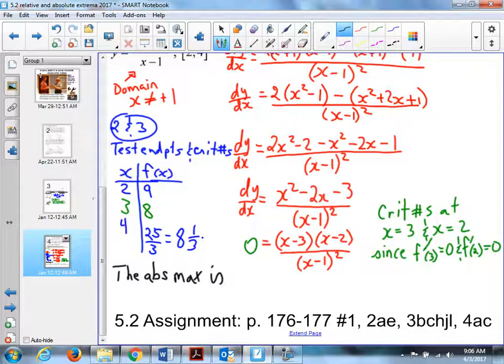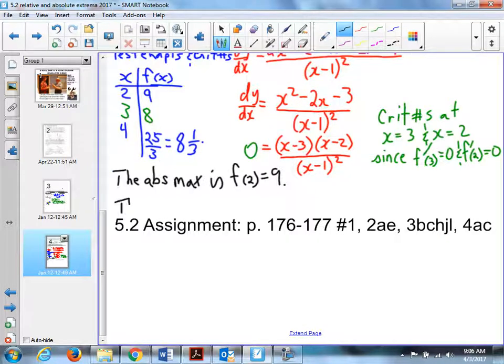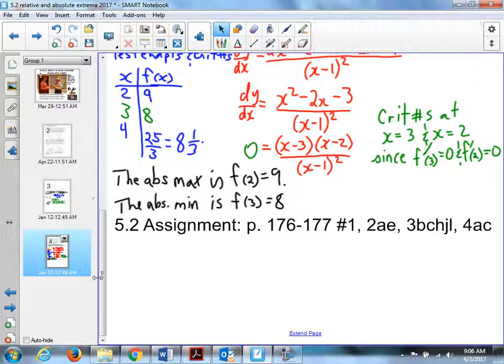So if I ask what point does it occur at, you'd say 2, comma 9. The absolute maximum value is, I'm going to say it like this though, f of 2, which equals 9. That way I'm giving the full information. It occurs at 2, give that notation. The absolute minimum is f of 3, which equals 8. Okay? Good. By the way, you notice that domain restriction of 1 doesn't even fall inside 2 and 4 anyways?